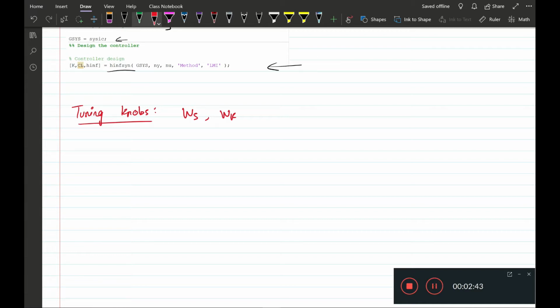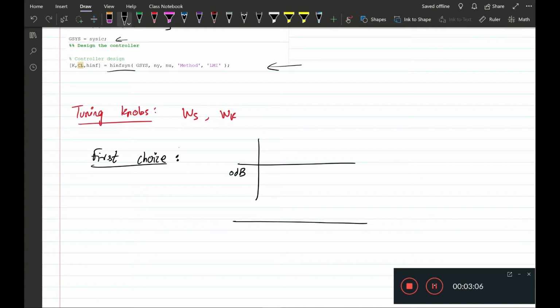Now a reasonable first choice, at least in shape of WS, would look something like this. So if this is the 0 dB line, and we have the frequency axis here, what we want is that the S, the sensitivity, should have some shape.